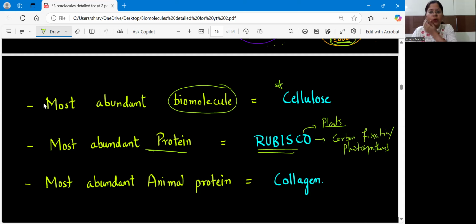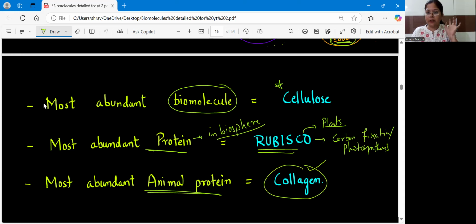All right, so rubisco will be the most abundant protein in the biosphere. And if they ask the most abundant animal protein in the biosphere, then the answer will be collagen. All right, so these 3 points are very important in this chapter. So with this, we have finished the carbohydrates and the introduction part. In the next video, I'll take up the proteins and the lipids. Thank you.